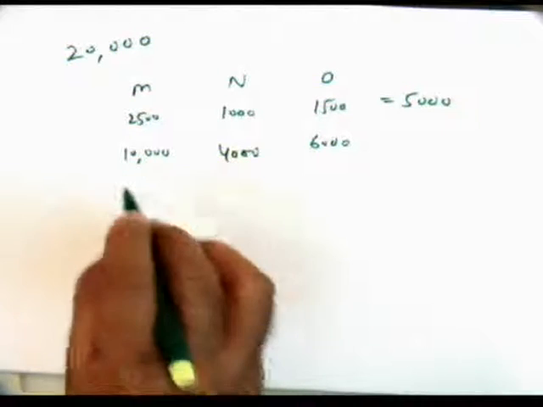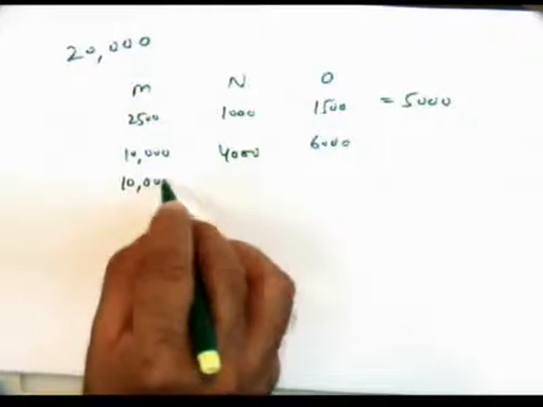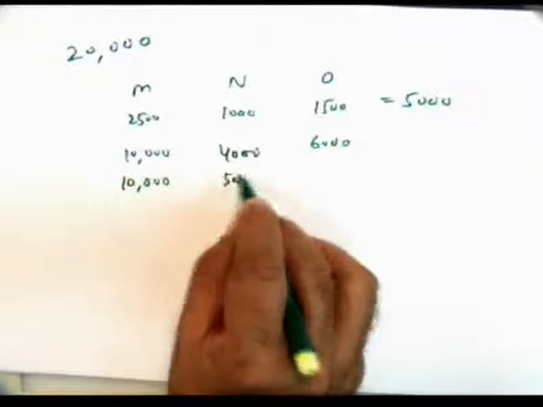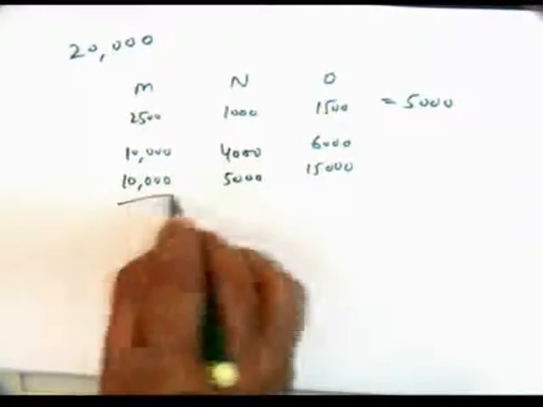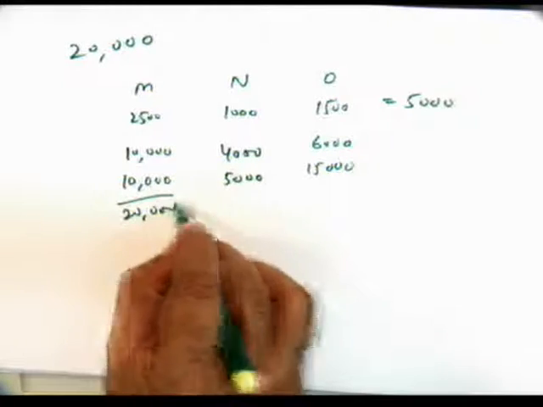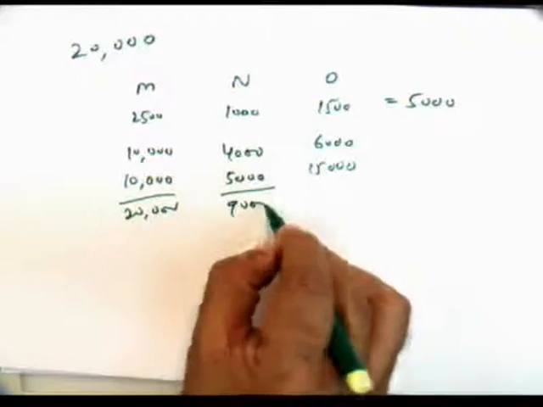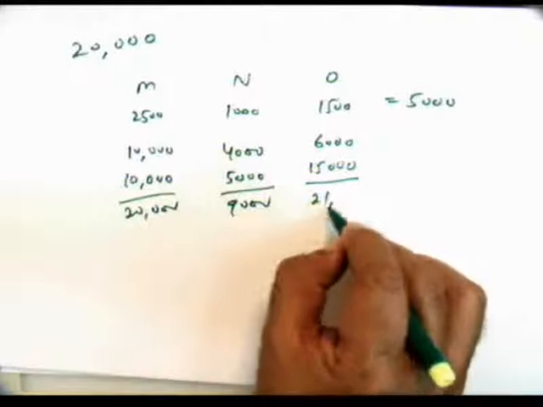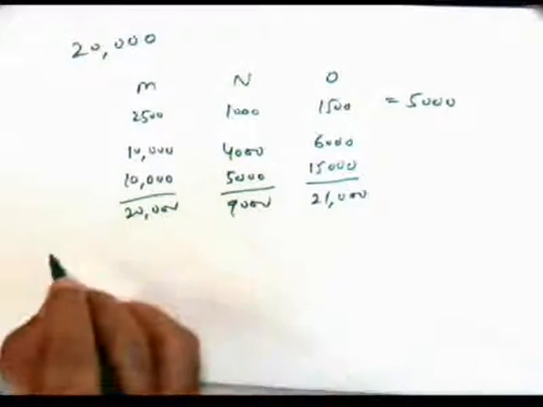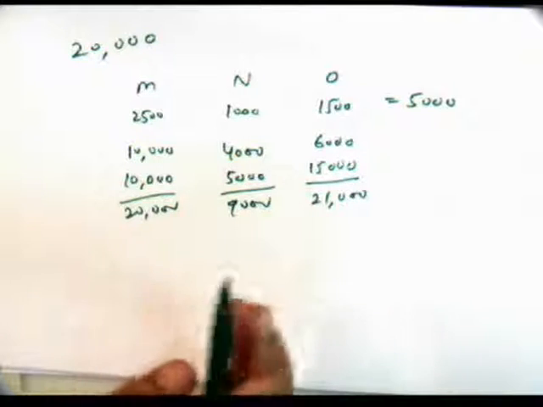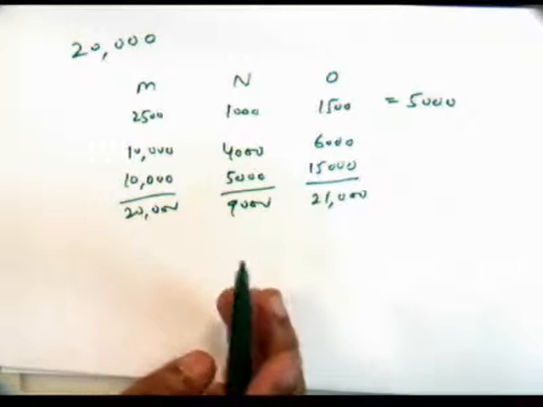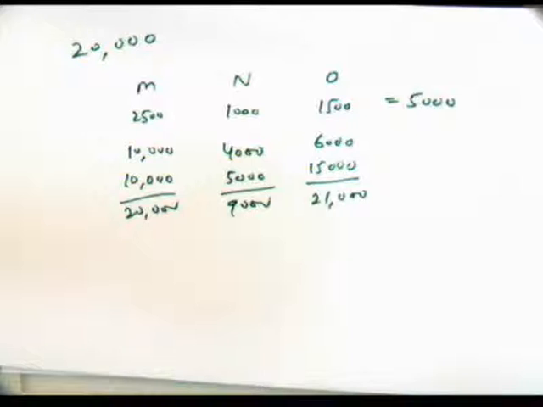The pre-separation cost is given 10,000, 5,000, 15,000, so 20,000. Now you can calculate.